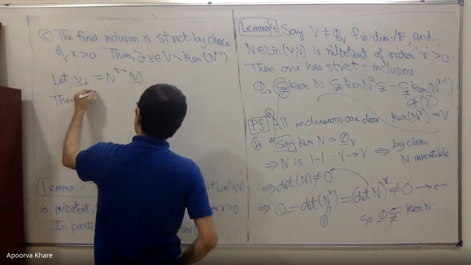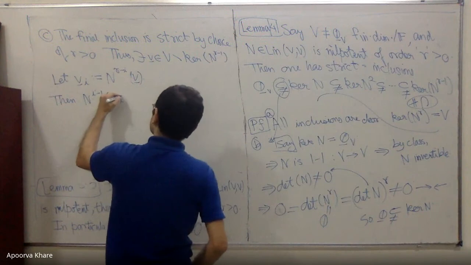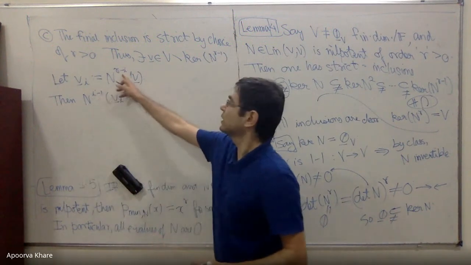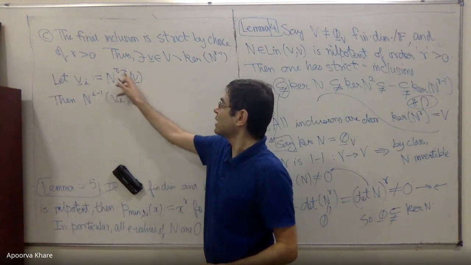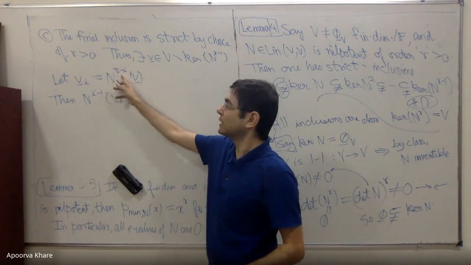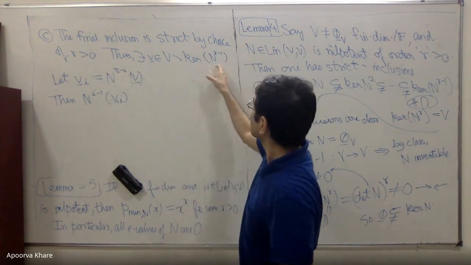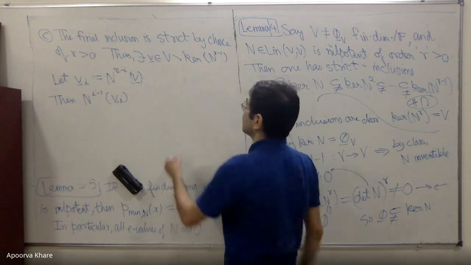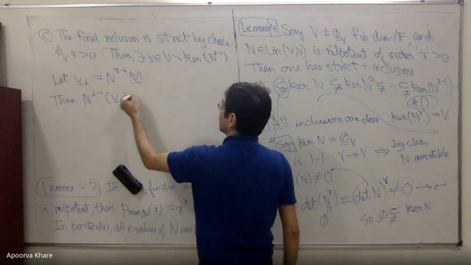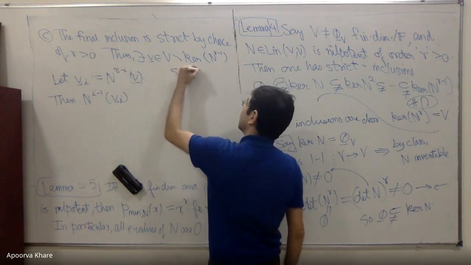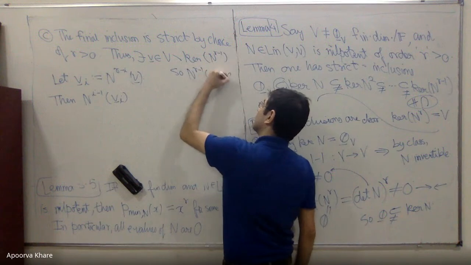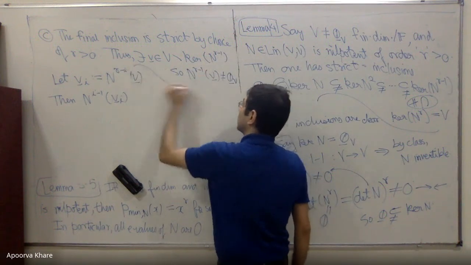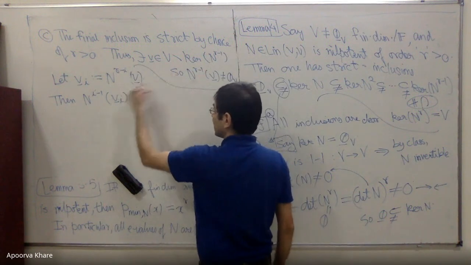Let's look at n to the i minus 1 of v_i. This is n to the r minus i plus i minus 1 of v, which is n to the r minus 1 of v. n to the r minus 1 of v is not 0. Therefore, this is not 0.